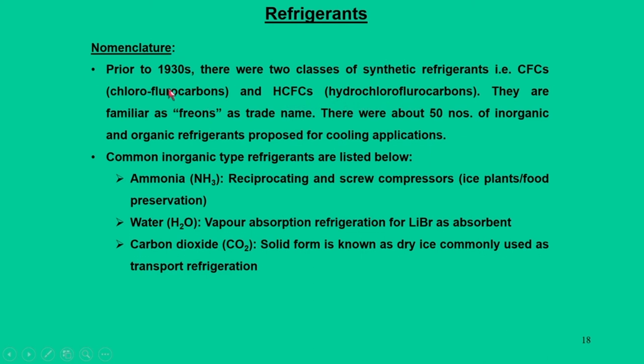These are known as freons, and about 50 inorganic refrigerants were proposed for applications. Among inorganic types we have ammonia, which is mainly used for reciprocating and screw compressors, and water, which is used in vapor absorption refrigeration with lithium bromide as an absorbent. Another inorganic refrigerant is carbon dioxide, commonly known as dry ice, and mostly used in transport refrigeration.